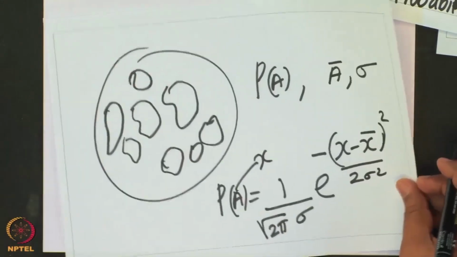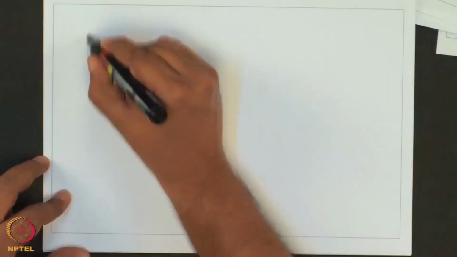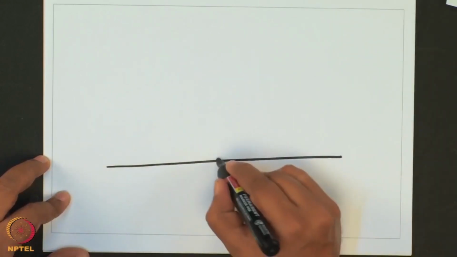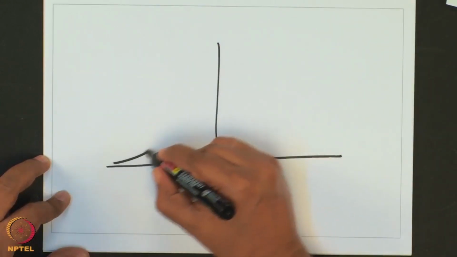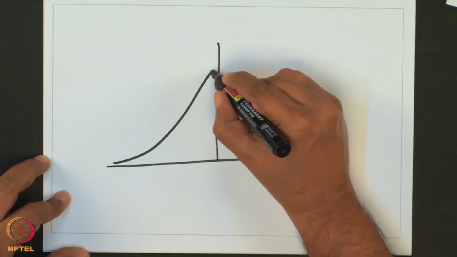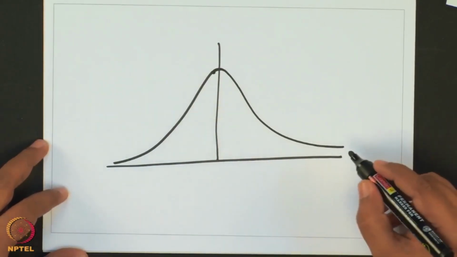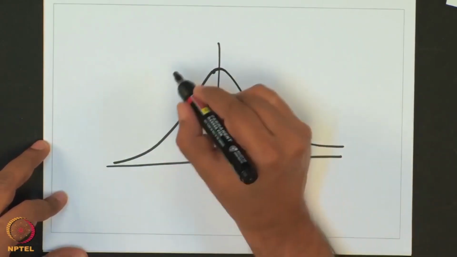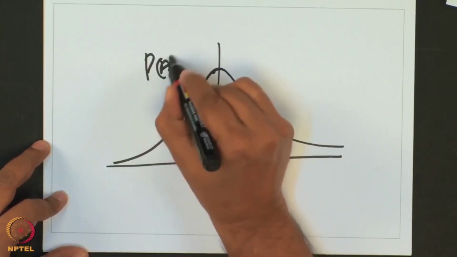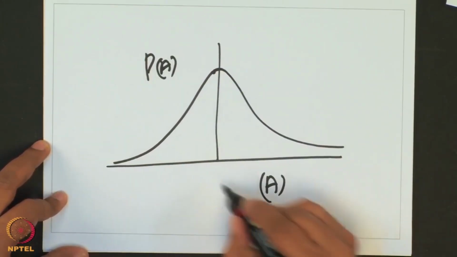So, if I have this measurement where I have a lot of area data, and from this area data I plot this distribution, which is a normal distribution, p of a versus a, and this is my a bar.